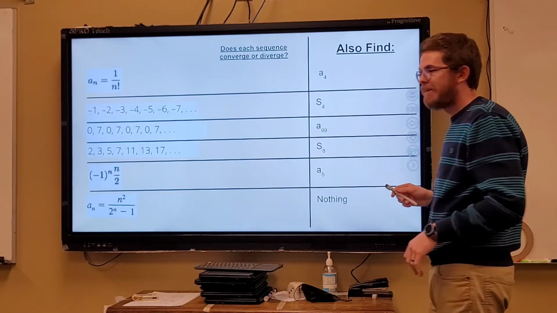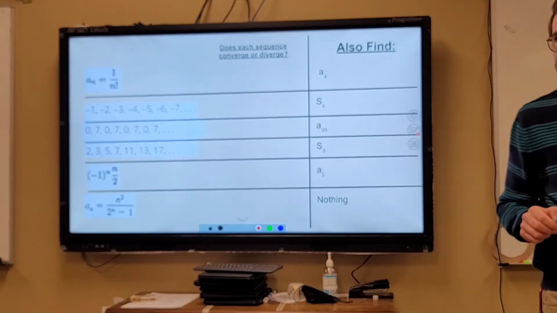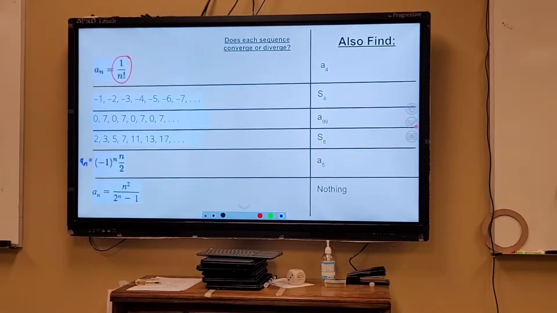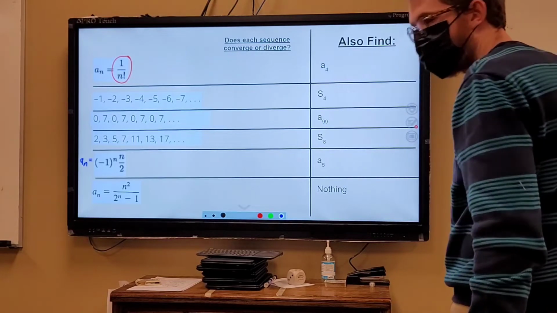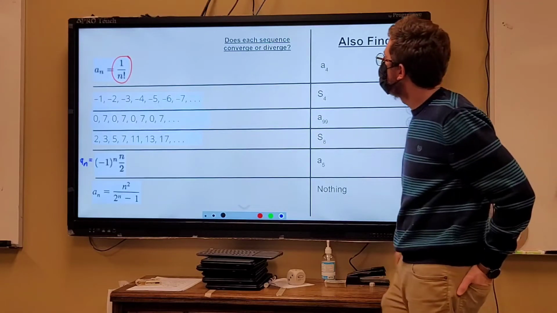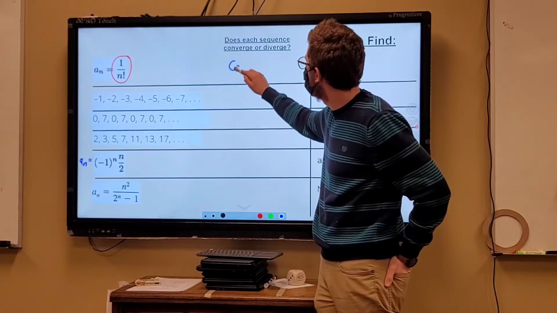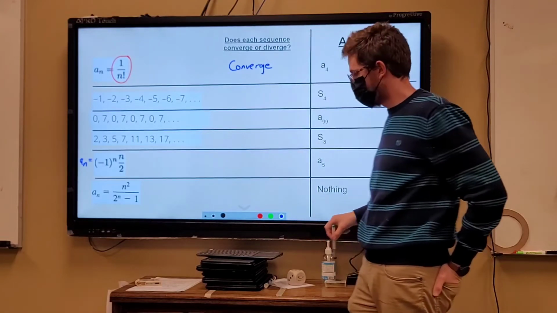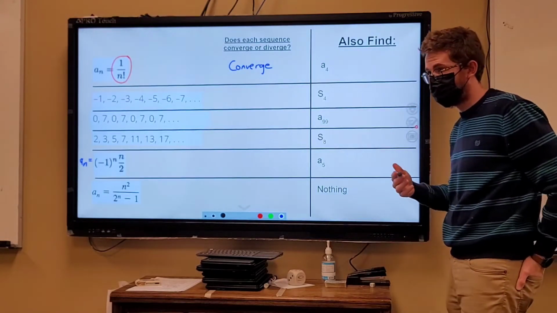First one, divergent. Like an interval, like really long. And so if it goes to infinity or negative infinity, it still diverges, right? Yeah, because the limit doesn't exist.